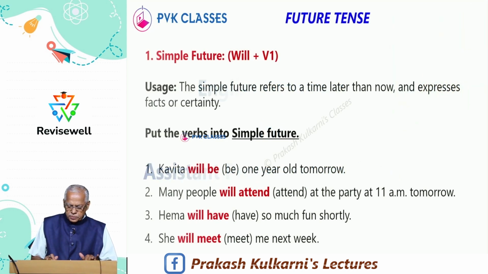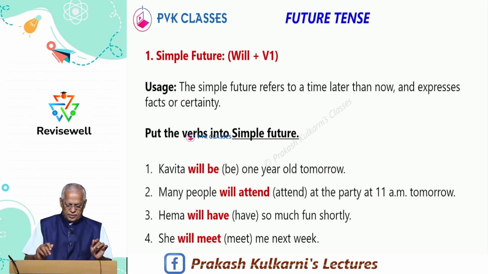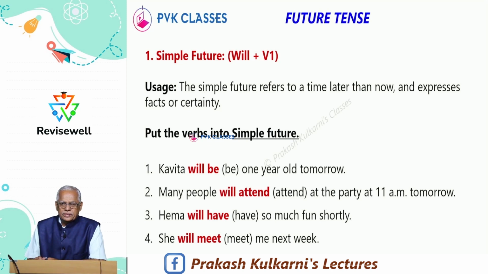Now, really speaking, there is no future tense in modern English grammar. Only present and past tenses are there. Then these future tenses are referred to as future time reference. Whereas in traditional English grammar, there was a future tense.